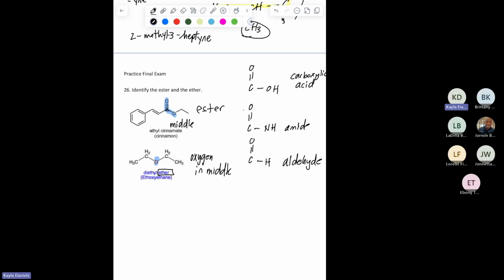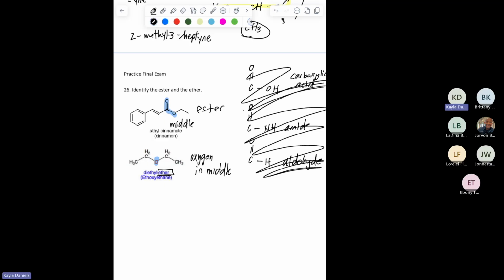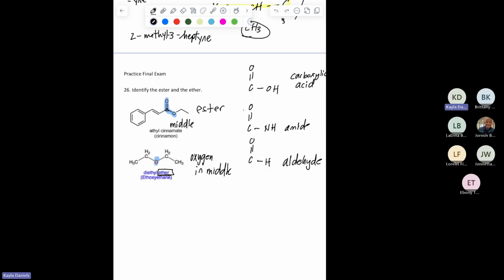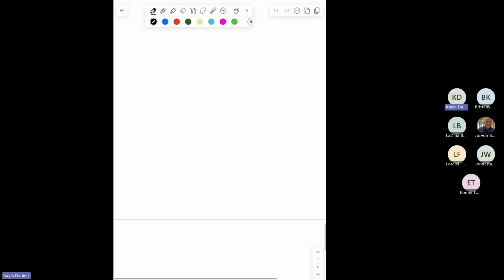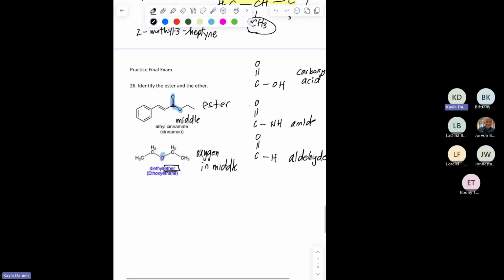Again, you don't need to know how to name them, just identifying them and knowing where they are on the functional group. If you see ether at the end of the name, then it's the functional group ether. Usually it's straightforward, so I don't really explain it. This was just left over from the other group. I think I was just writing out the different functional groups for them. But that is the last question.